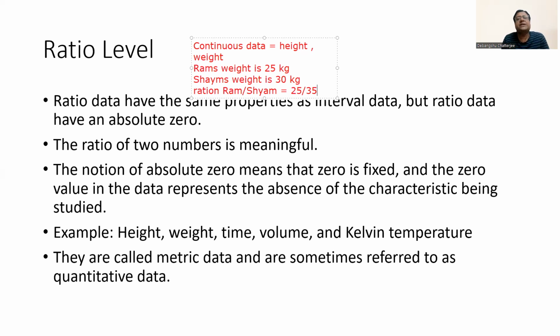So most of the things that we will be discussing are related to ratio level data. So this is the highest level of data. Gradually, first is the nominal data, then the ordinal data, then interval level data and the ratio level data.